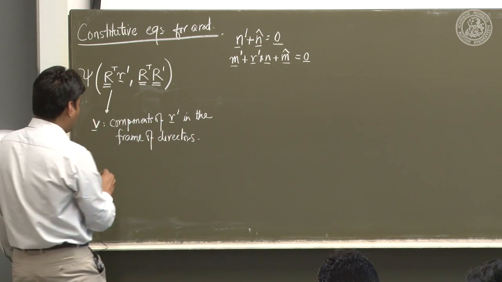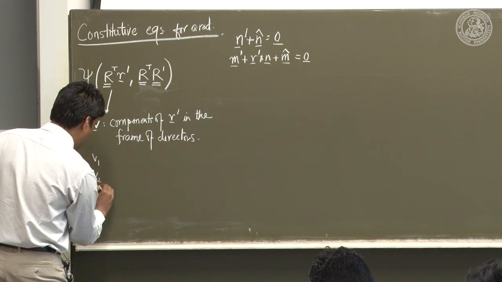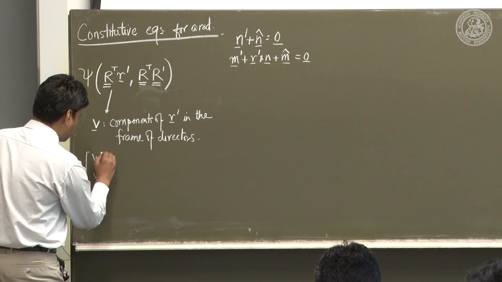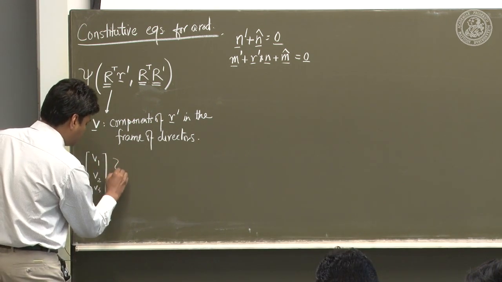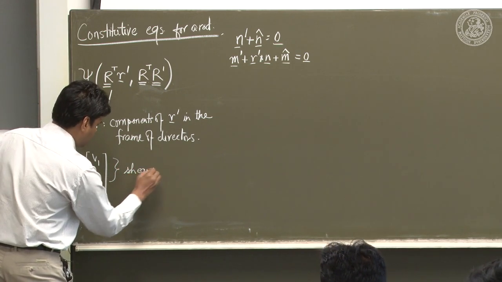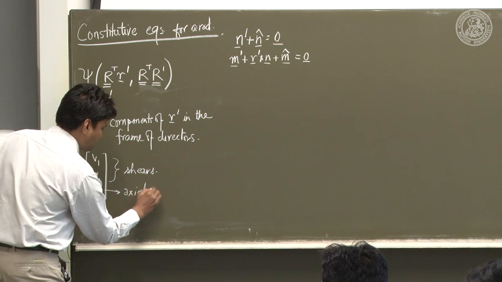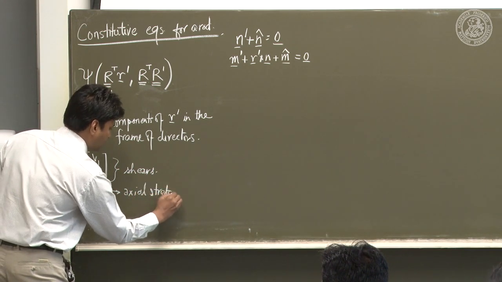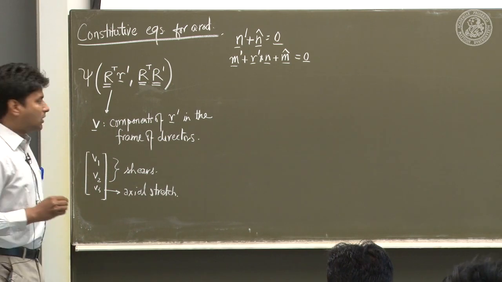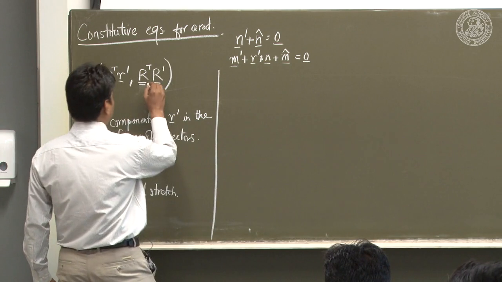And we also found that if we write it as V1, V2, V3, then the first two components are the shears and the last is axial stretch.